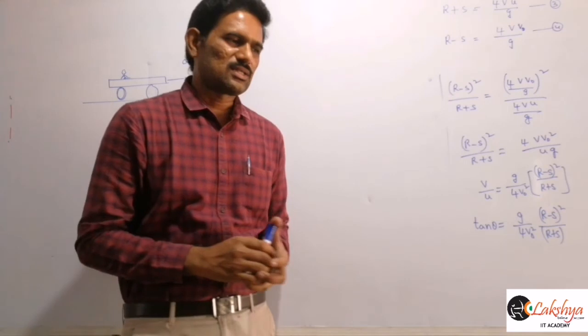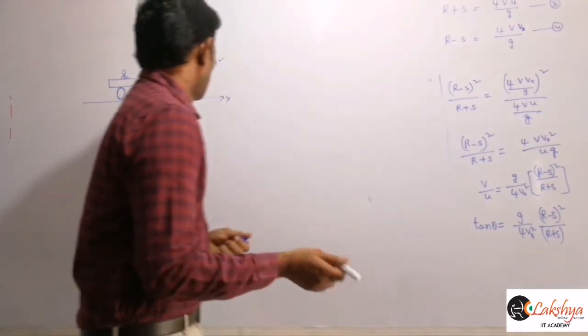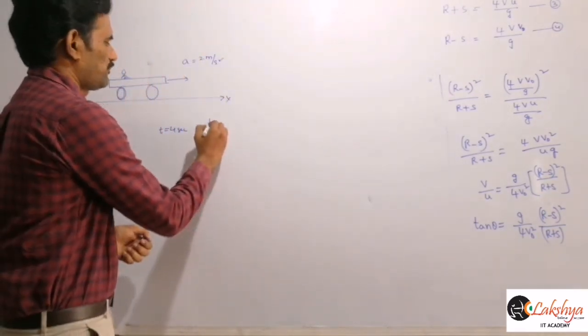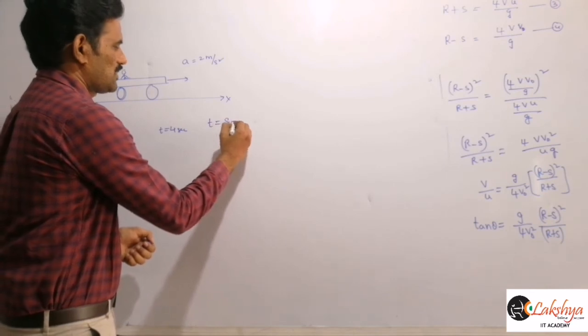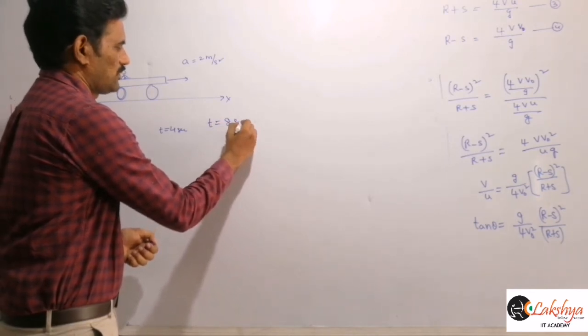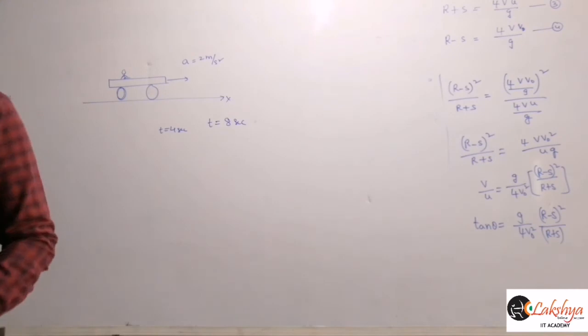The bullet hits the bird at t is equal to say 8 seconds.